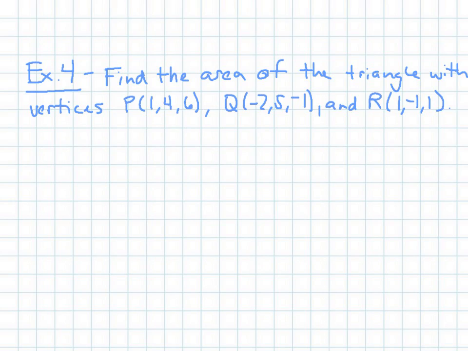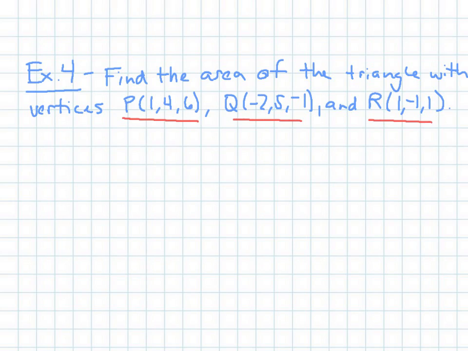Now if you notice these points, I picked them particularly for a reason. They look familiar, right? They were the ones that we used for example 3 when we were looking for a vector in the perpendicular plane.